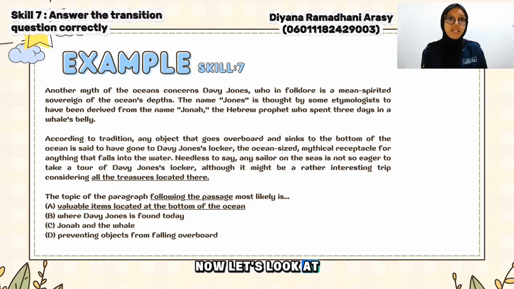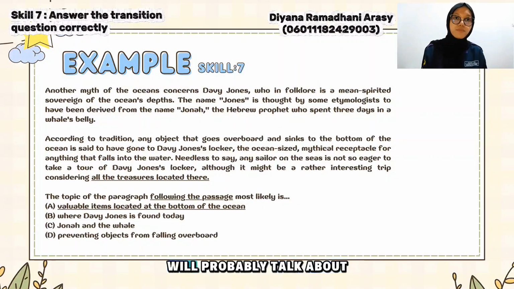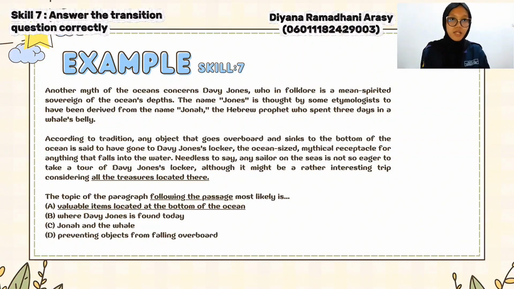Now let's look at another example, this time from the computer-based TOEFL test. The passage here is the same as before, but this question asks, "The topic of the paragraph following the passage most likely is..." That means we need to guess what comes next, what the next paragraph will probably talk about. To find the answer, we should look at the end of the passage.